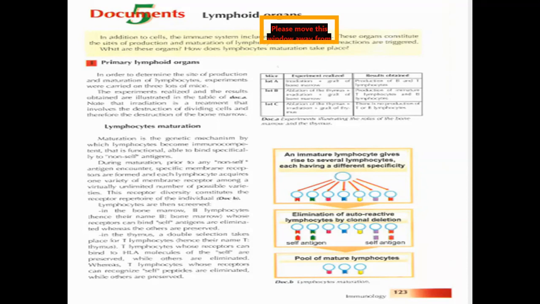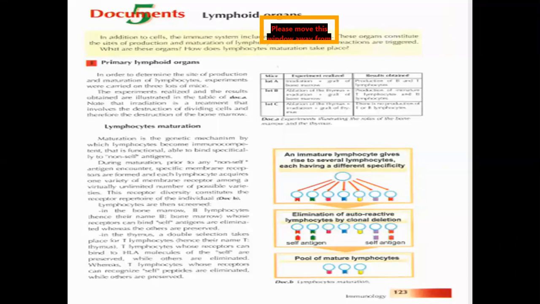So there is no production of B and T. I have neither B nor T. So this means that the bone marrow is responsible for the production of B and T. Even though we have the thymus, the thymus has no role unless it matures the T. So where is the T produced? T is produced in the bone marrow. If I don't have bone marrow, I have neither B nor T.